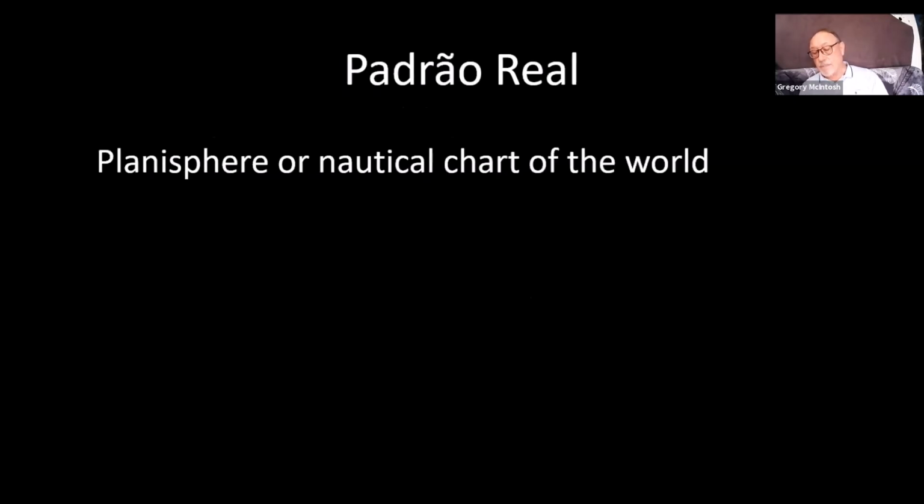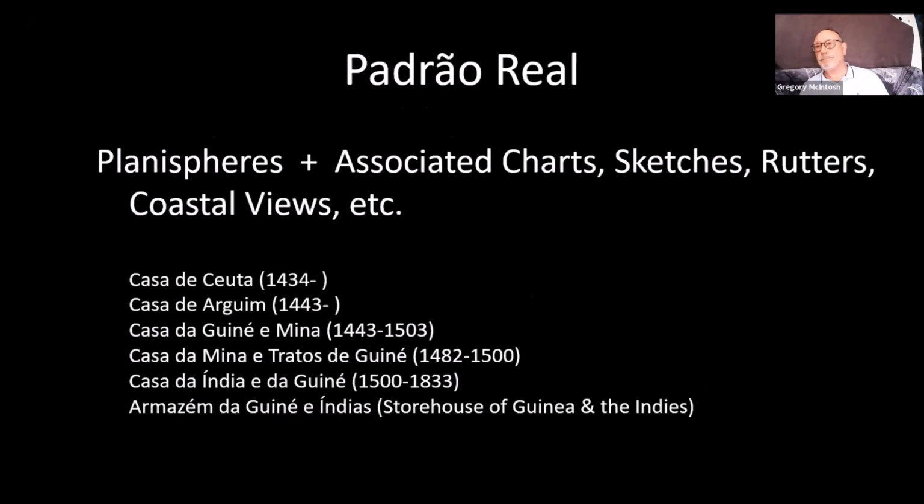This master map is often understood to be a single planisphere or nautical chart of the world. It has also been understood to mean the collection of planispheres and associated charts, sketches, rudders, coastal views maintained by various Portuguese institutions at various times. I tend toward this latter meaning.